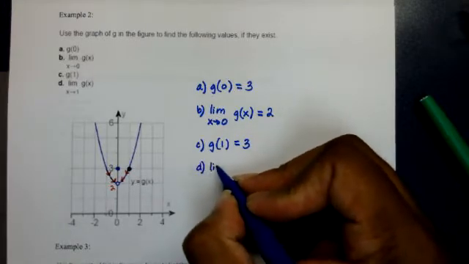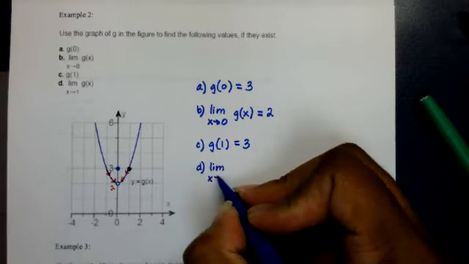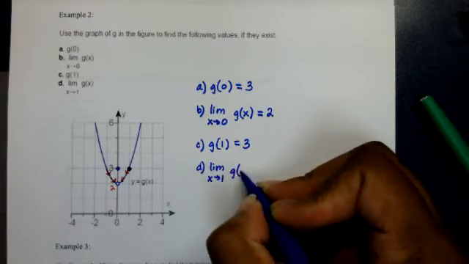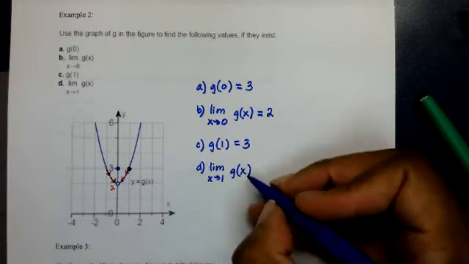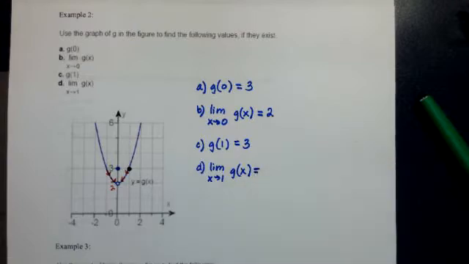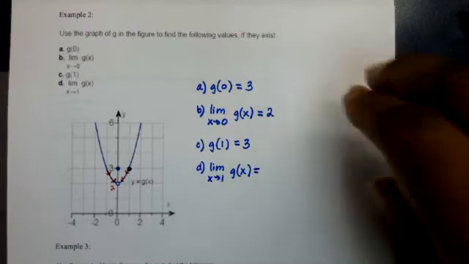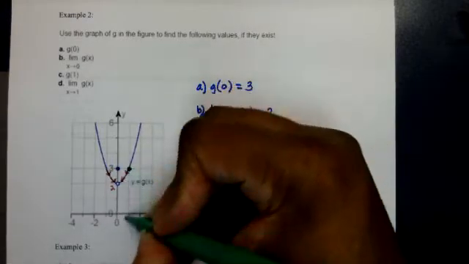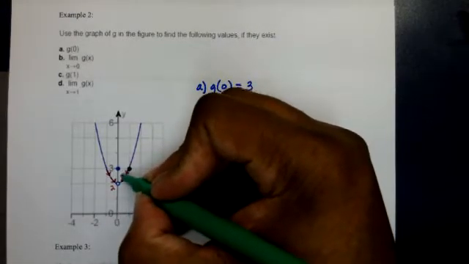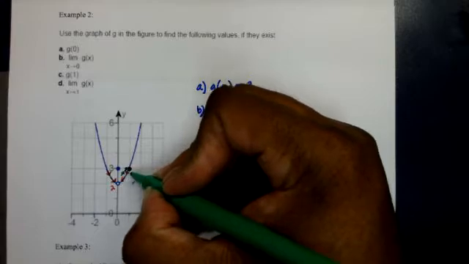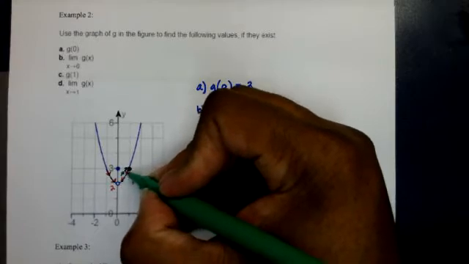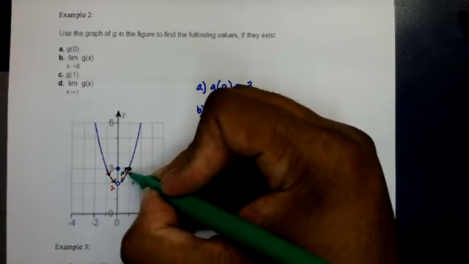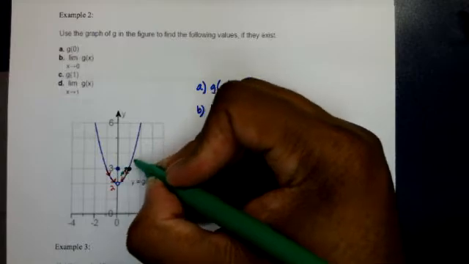And then part D is the limit as x approaches 1 of g of x. Well, in this case, here's 1. Coming from the left of 1, it gets closer and closer to the y value of 3.